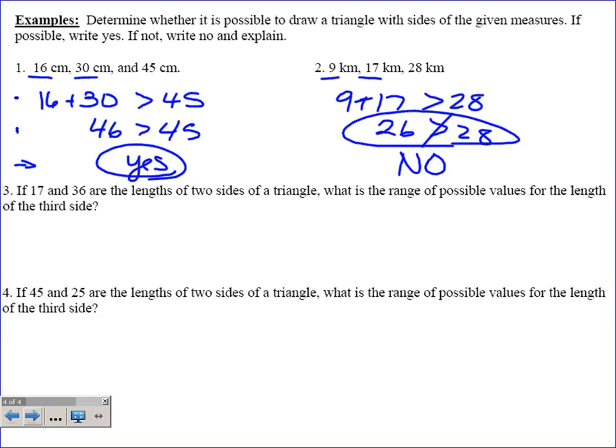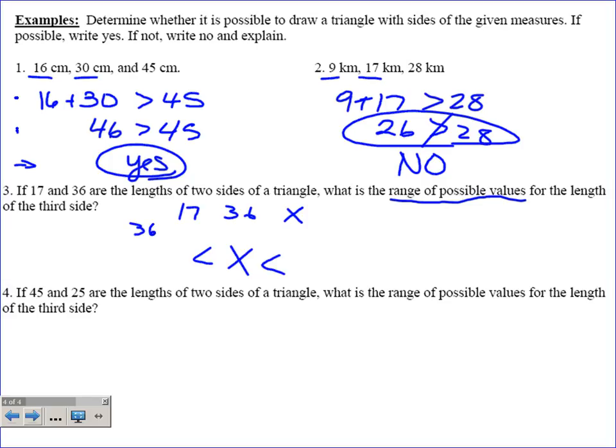Okay, let's try this. If 17 and 36 are the lengths of two sides of the triangle, what's the range of possible values? Well, I have 17, I have 36, and I'm going to have x. I put x in the middle. How do I figure out the smaller one? Correct. So you say 36 minus 17.